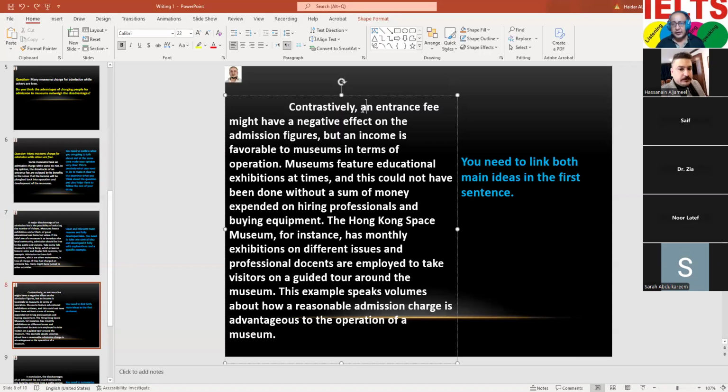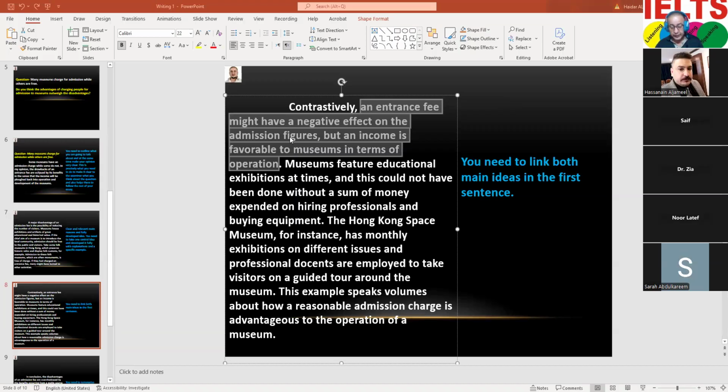Contrastively, an entrance fee might have a negative effect on the admission figures, but an income is favorable to museums in terms of operation. Okay, it's clear that it talks about the advantages, which is the opposite of the disadvantages.